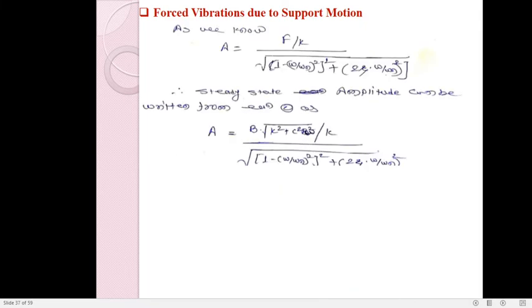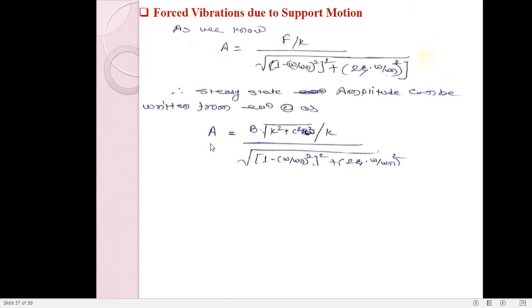Now as we know, for forced vibration the amplitude can be given as A is equal to F upon k upon square root of [1 minus (omega upon omega n) whole square] whole square plus [2 xi omega upon omega n] whole square. The value of F we got from equation 4 as b into square root of k square plus c square omega square; this is the value of F in the case of support motion.